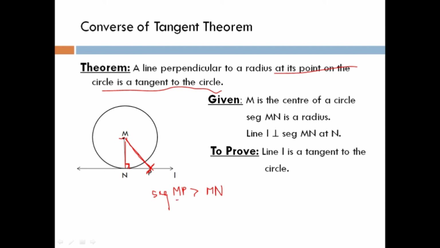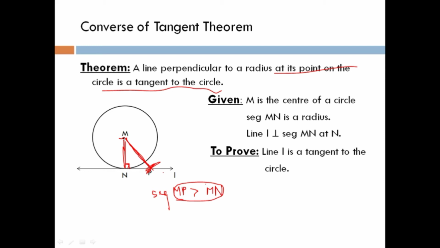Now since this is the condition for this triangle, and MN is the radius of the circle, this is the radius, right? And MP is greater than MN, which means it is greater than the radius. So the point P lies outside the circle. From this we prove that point P lies outside the circle.